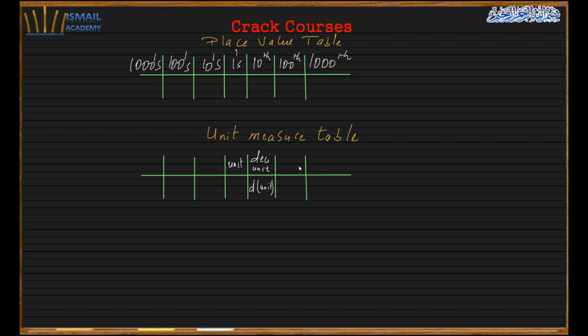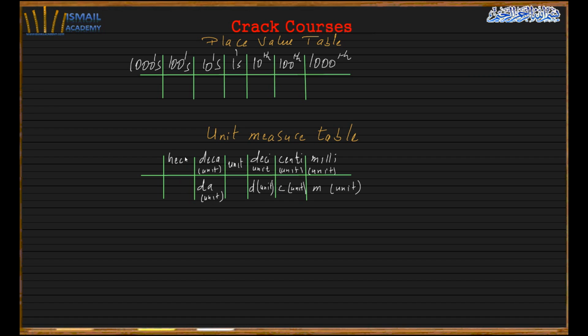For the hundredth, it's centi unit, we put C unit, and milli unit, so here we put M unit. For 10 times the unit we call deca unit, we put DA, and we add the unit next to it.